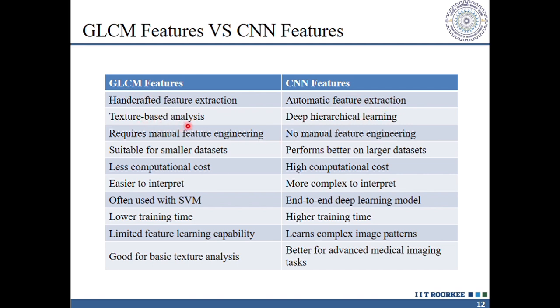GLCM is texture-based analysis, while CNN is deep hierarchical learning. GLCM requires feature engineering, while CNN needs no manual feature engineering. GLCM has a lower computational cost, CNN a higher one. GLCM is easier to interpret, CNN more complex. GLCM takes lower training time, CNN higher. So these are the differences between GLCM and CNN features.